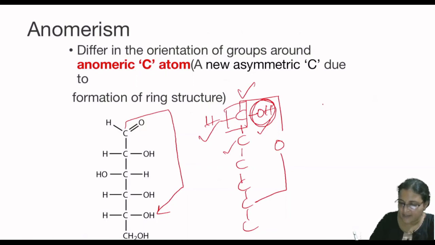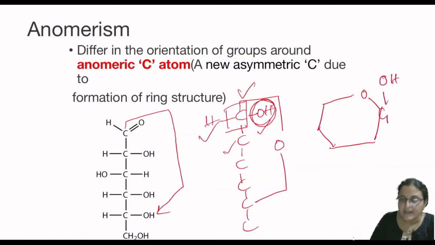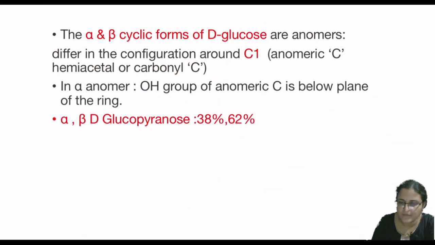So if I write this in a Haworth projection, what will happen? In C1, this hydroxyl group will be present either above the plane of the ring or below the plane of the ring. If this hydroxyl group is present above the plane of the ring, this is called beta form, and below it is called alpha form.